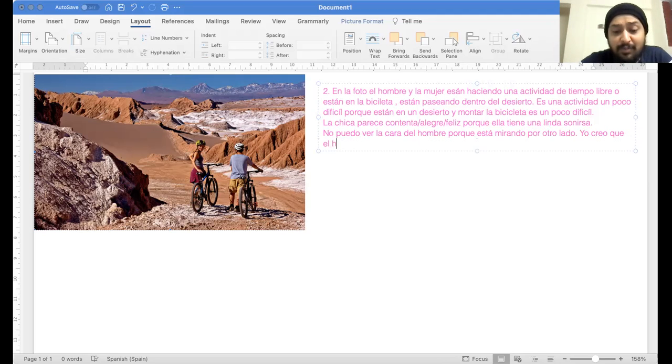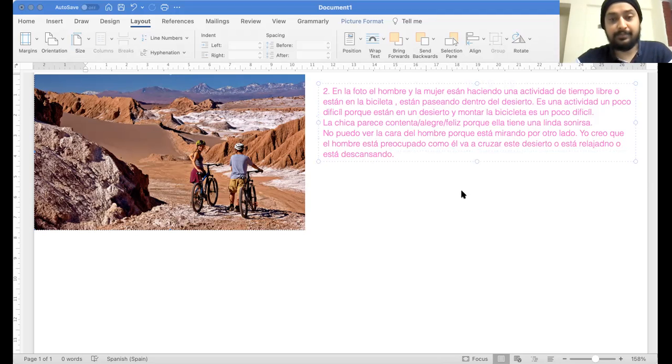Yo creo que el hombre está preocupado como él va a cruzar este desierto. See? Just a little bit. How is he going to cross this desert? O está relajando o está descansando. So this is the second part of the image.